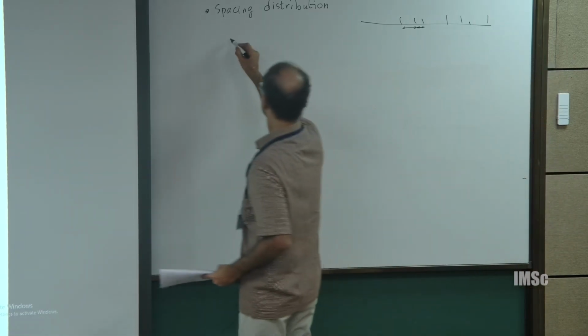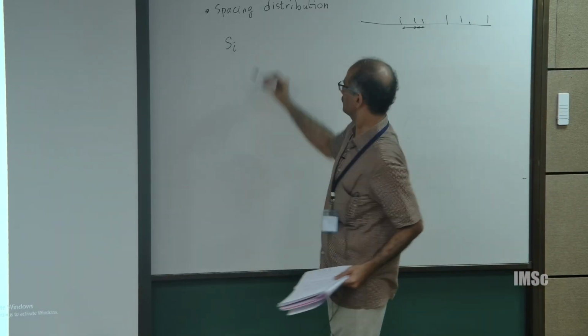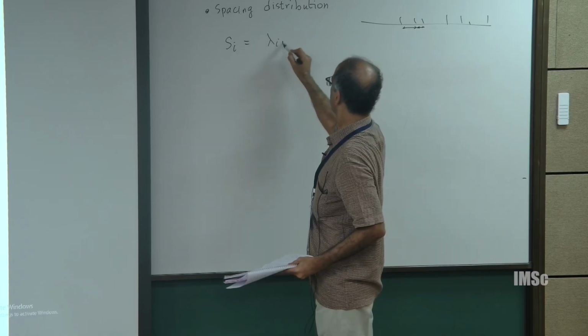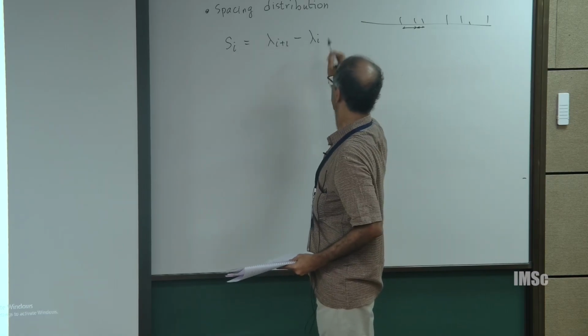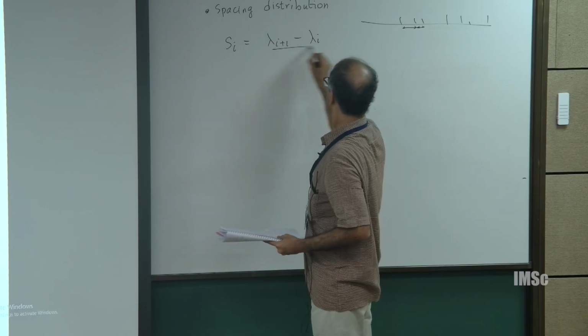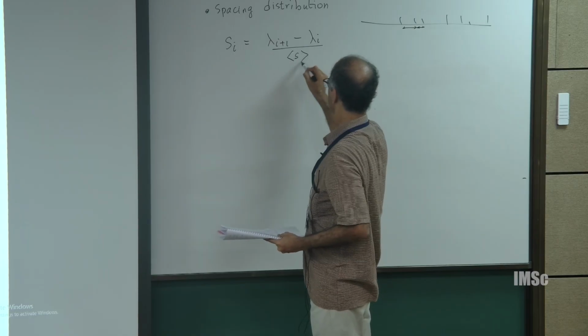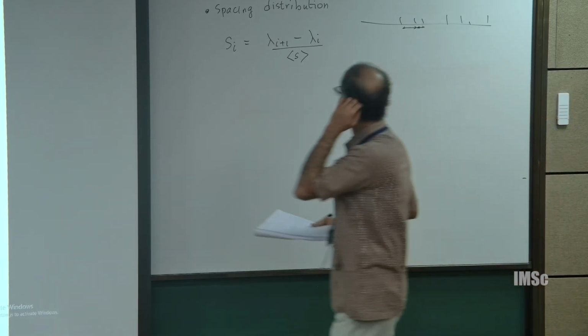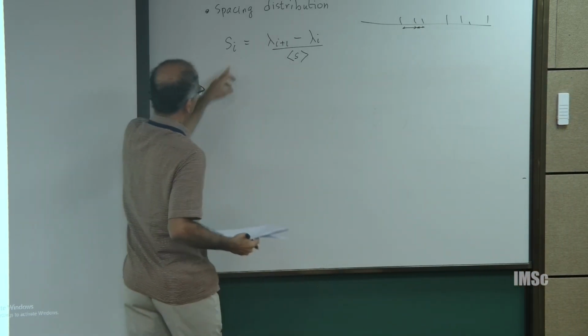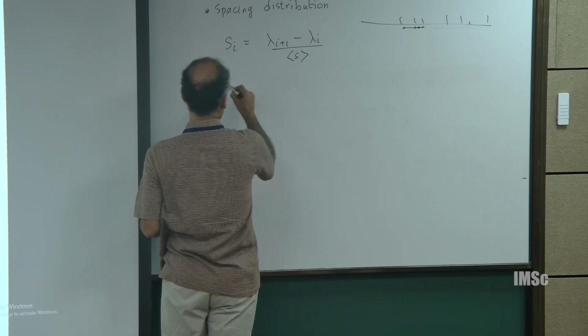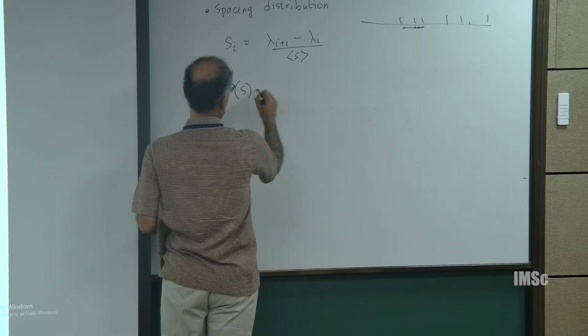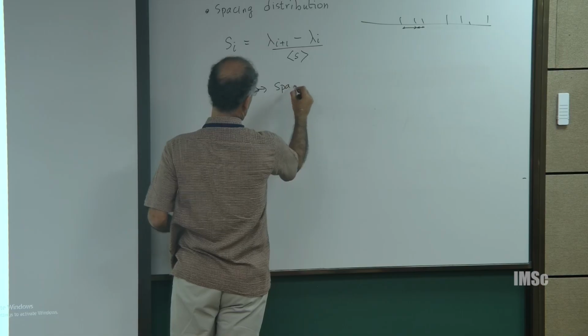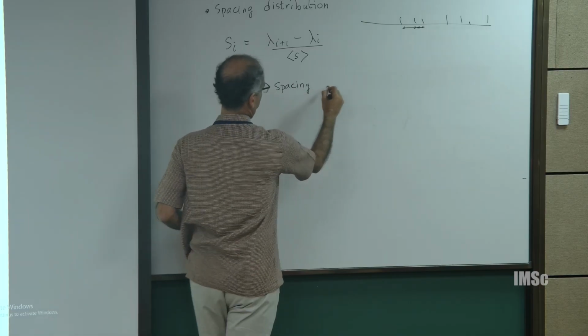So you can define a quantity called spacing, which is lambda i+1 minus lambda i, divided by the average spacing. This is called the spacing, and what you are after is the spacing distribution, or eigenvalue spacing distribution.